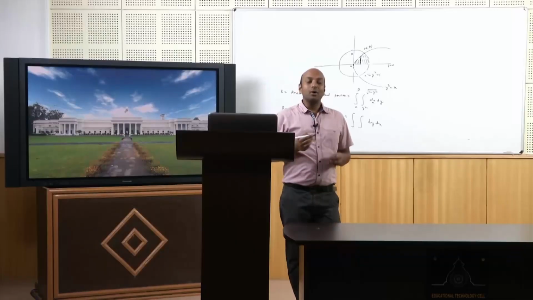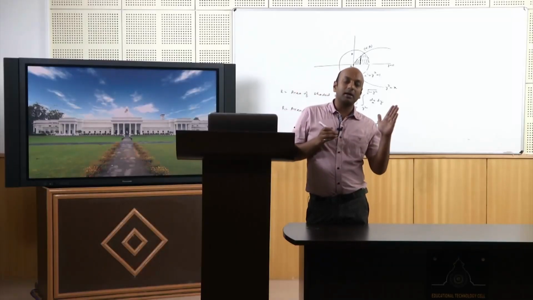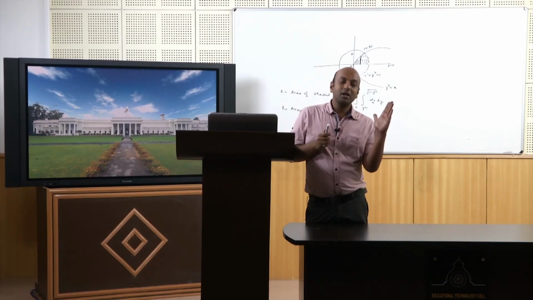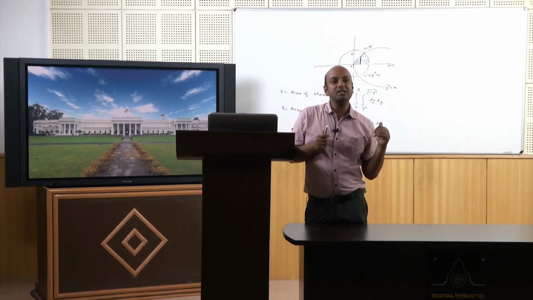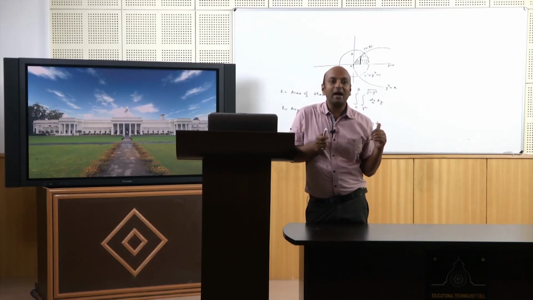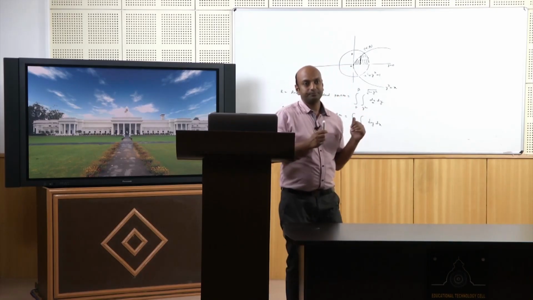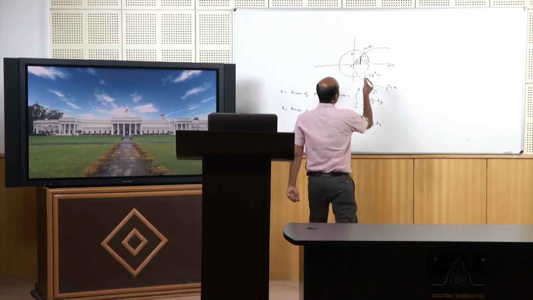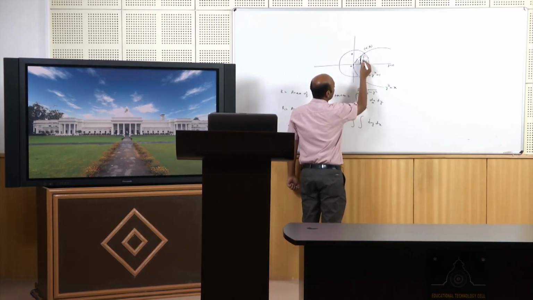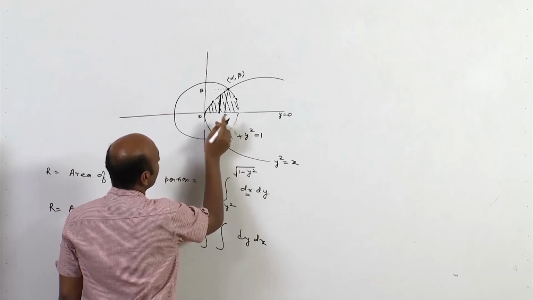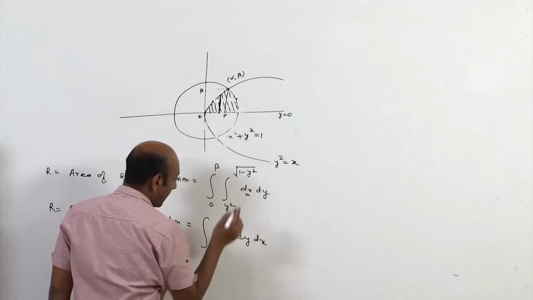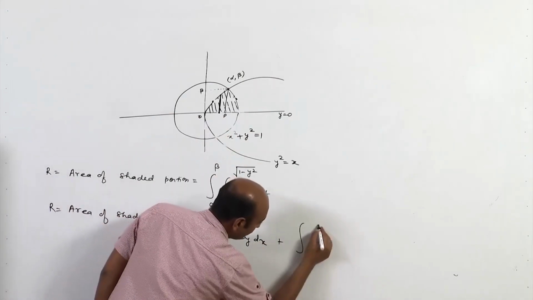That means, when we move this strip on the shaded region, the lower and the upper limits are changing. So, we have to split the region. From this intersection point, if you draw a line perpendicular to x axis from O to P, you have to divide this region into two.